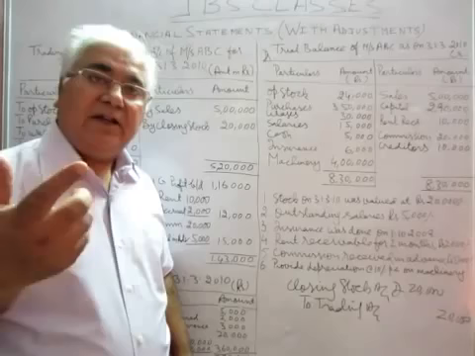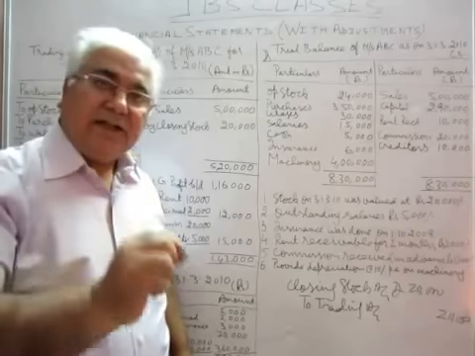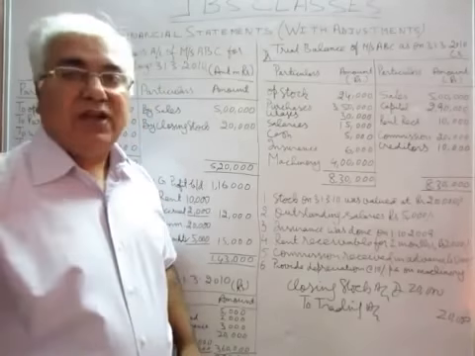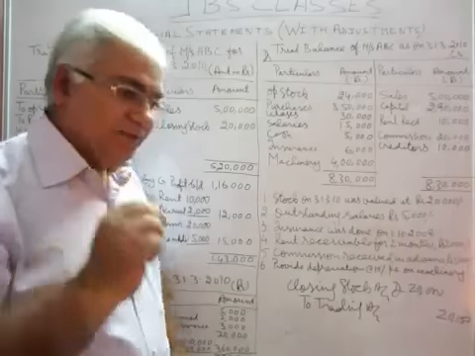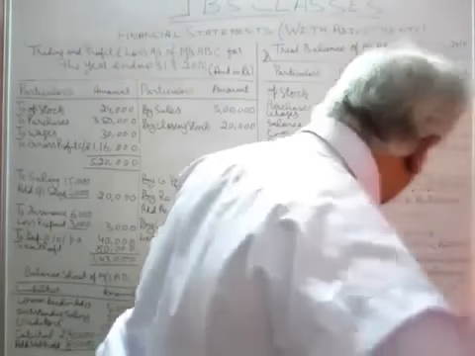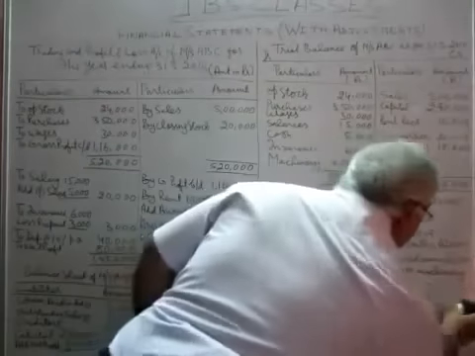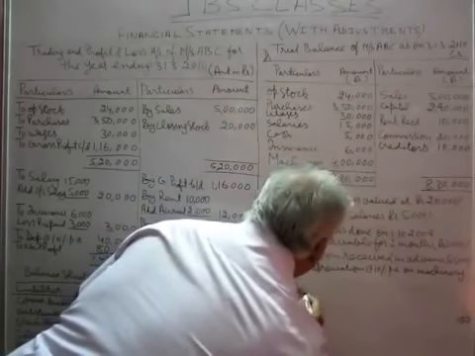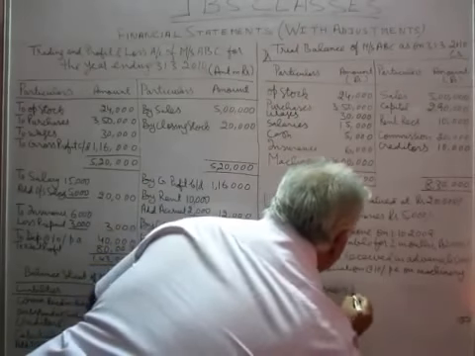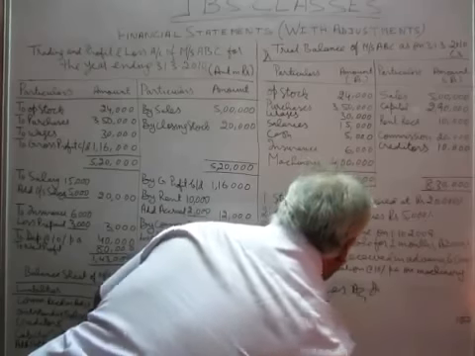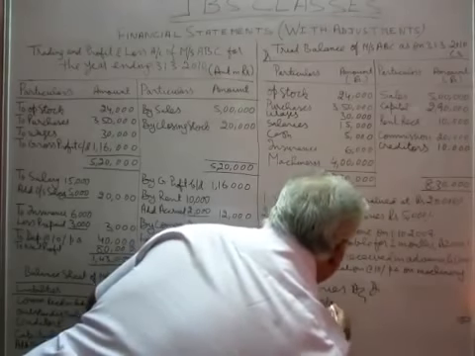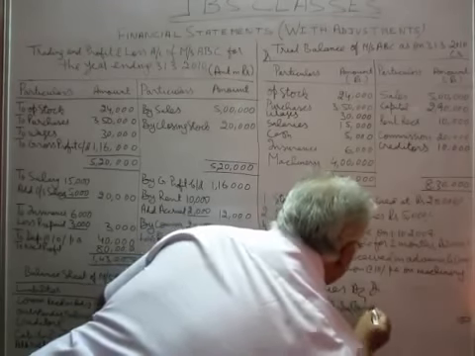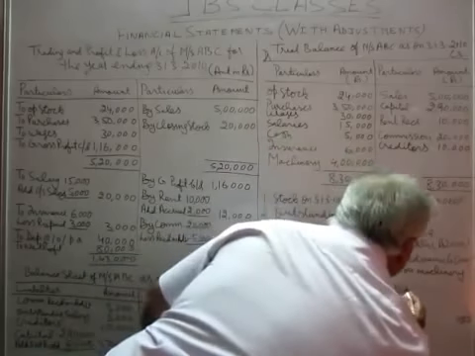So what should be the entry? Entry should be salaries account debited to outstanding salary account 5,000.